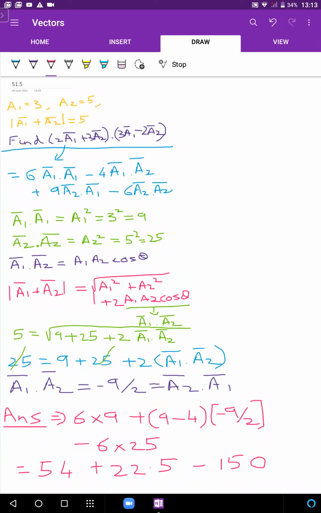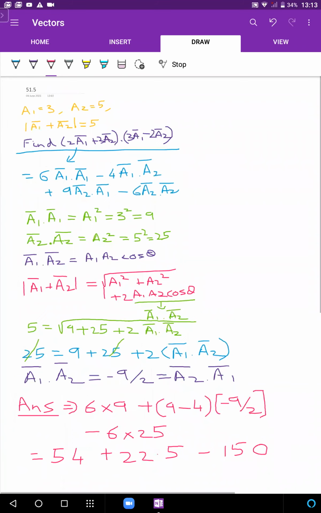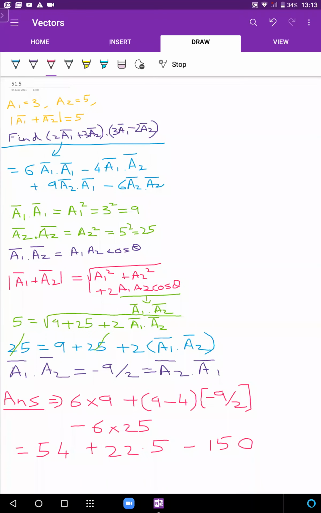Very nice, guys. What is coming here? Minus 96 minus... one minute, is the sign correct?